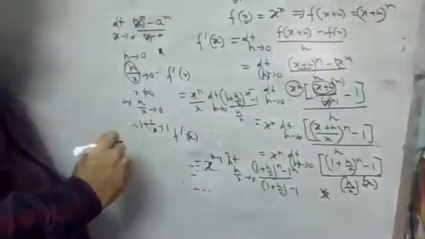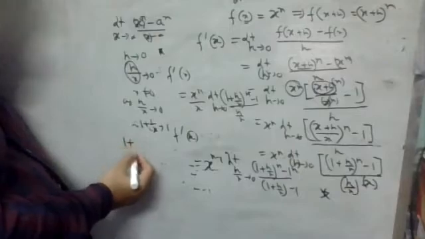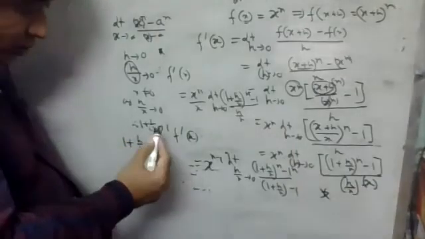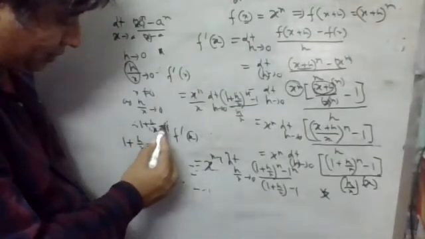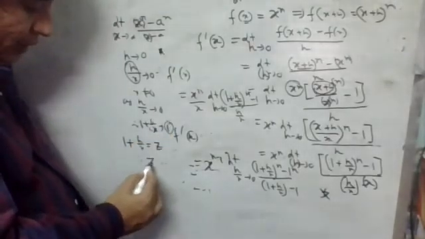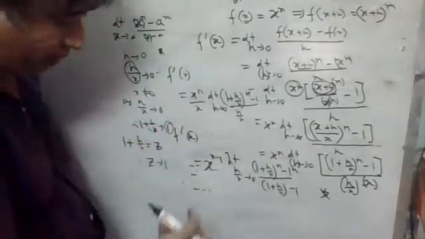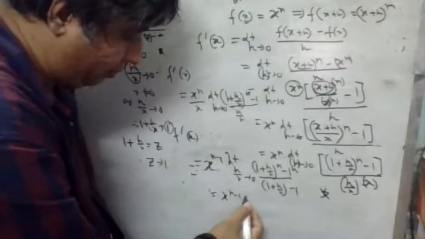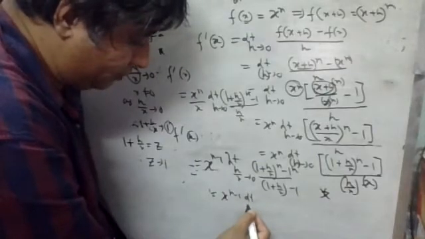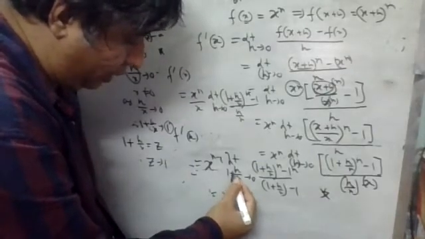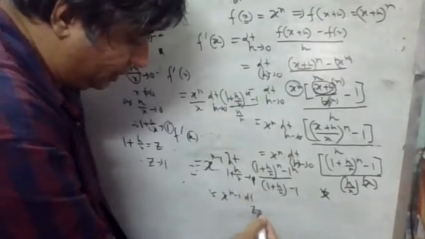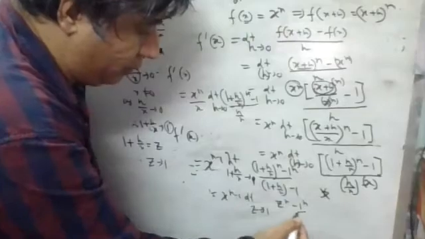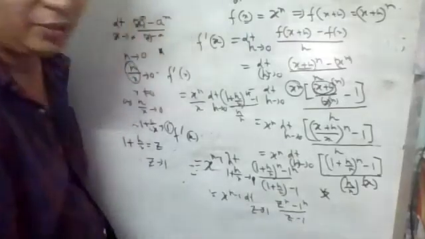So 1 + h/x is equal to z, and as 1 + h/x tends to 1, therefore I can write z tends to 1. So in the next line, x^(n-1) times the limit, z tends to 1, (z^n - 1^n) / (z - 1).